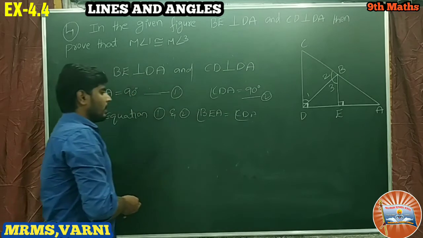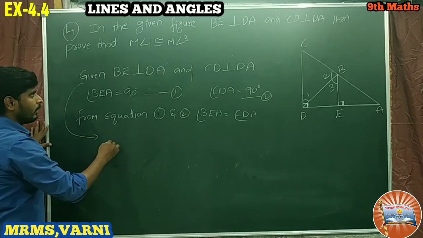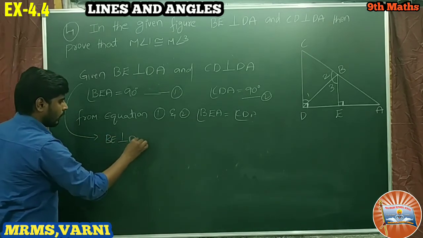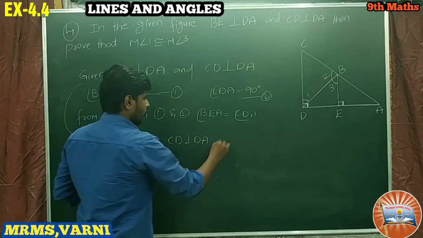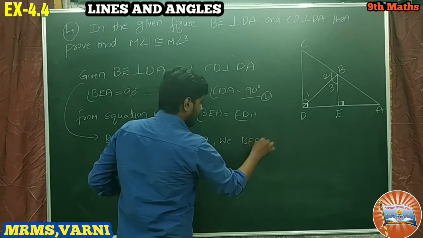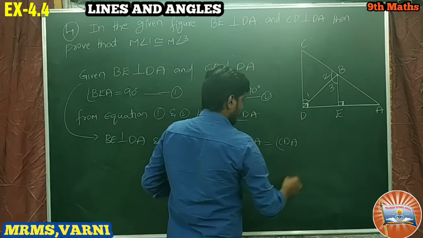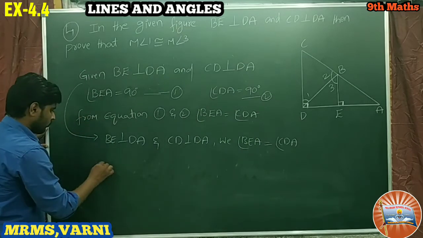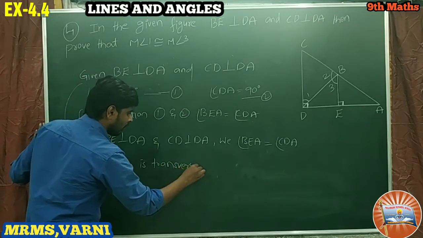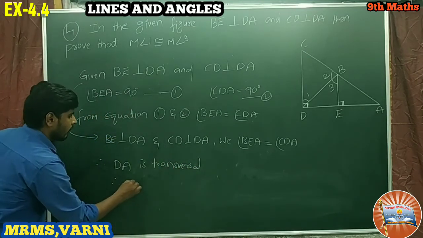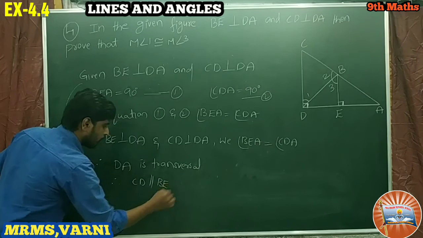From here we can say BE is perpendicular to DA and CD is perpendicular to DA. We got angle BEA equals angle CDA. Therefore, DA is a transversal, so CD is parallel to BE.